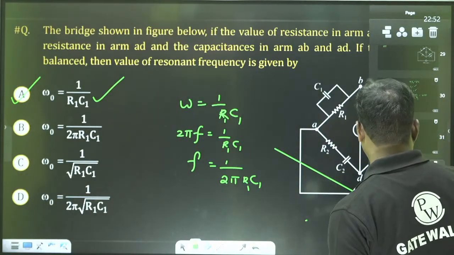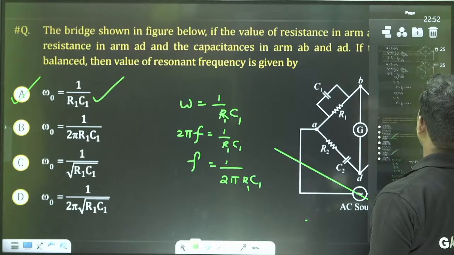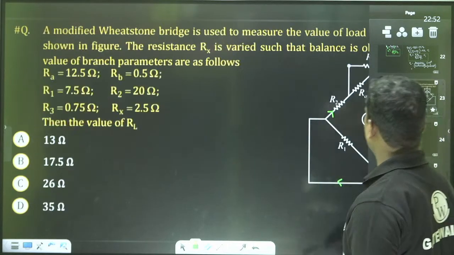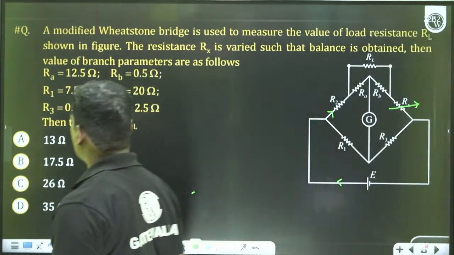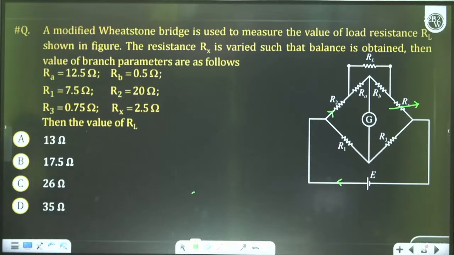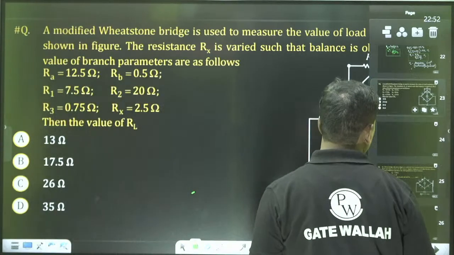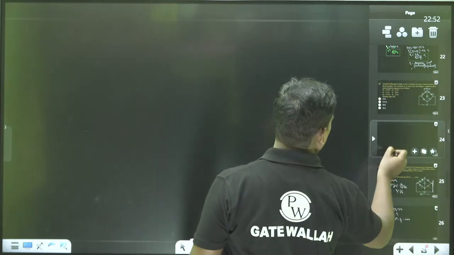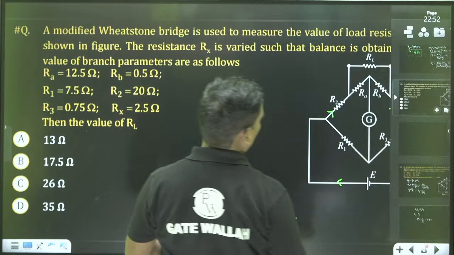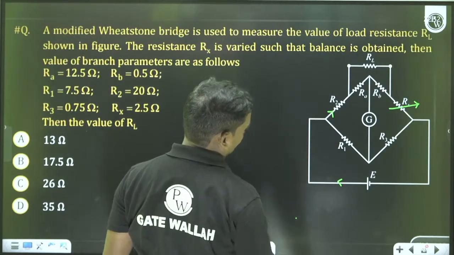Okay, so the question we have not discussed here is this one. This is a Wheatstone bridge question, so we can use some ratio concept. Option C will come according to this product concept.